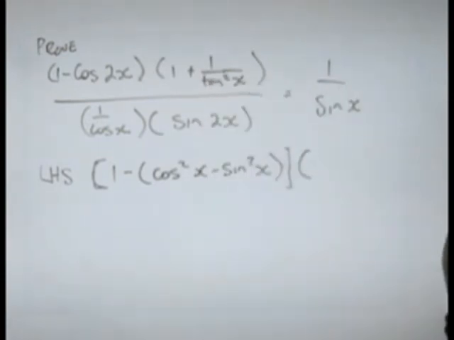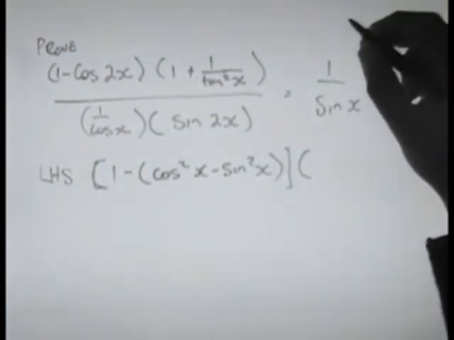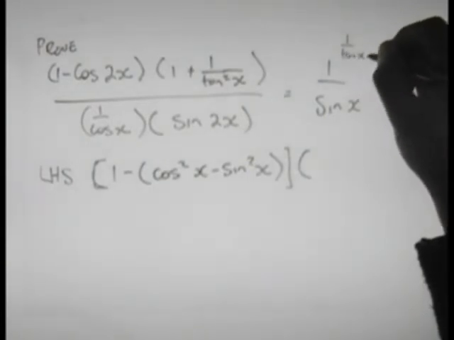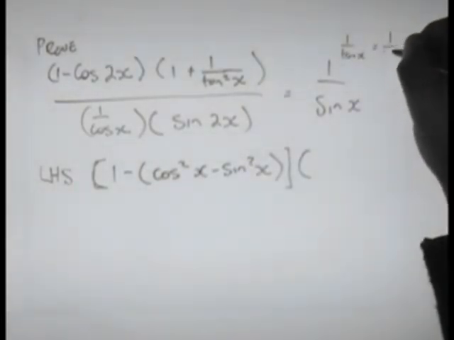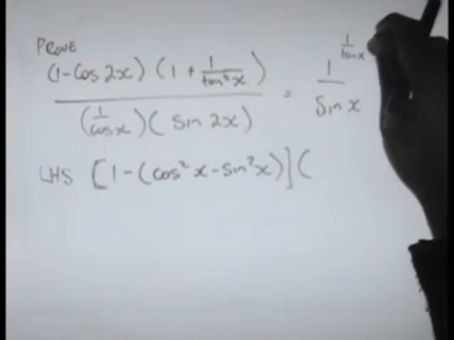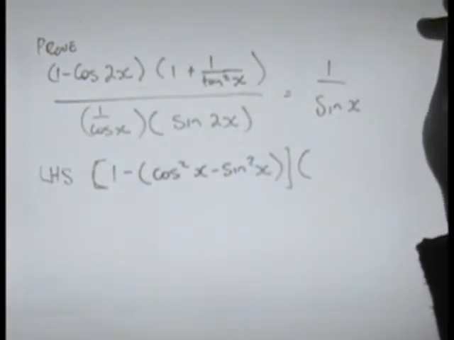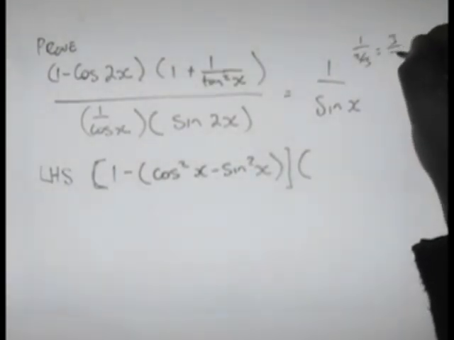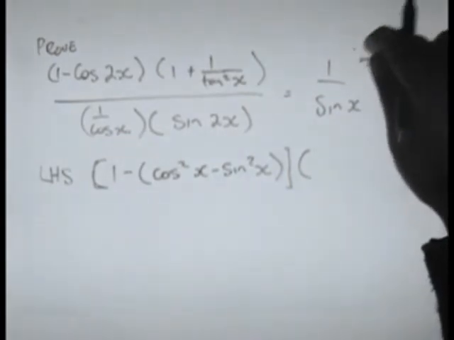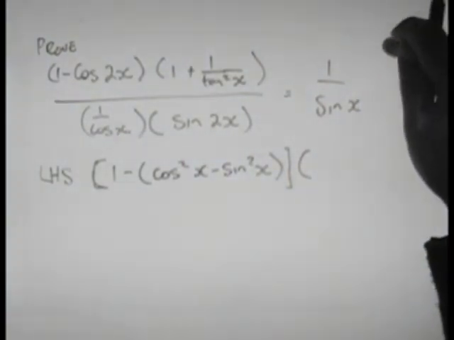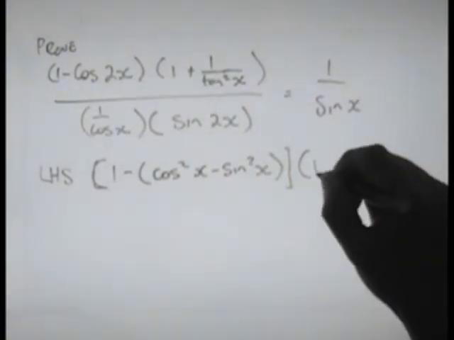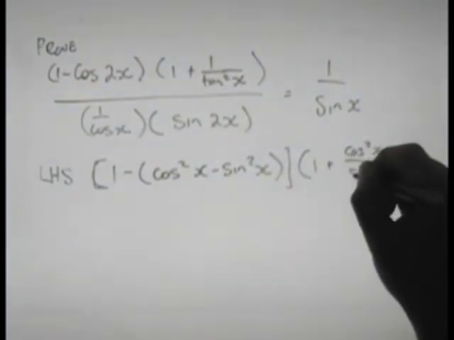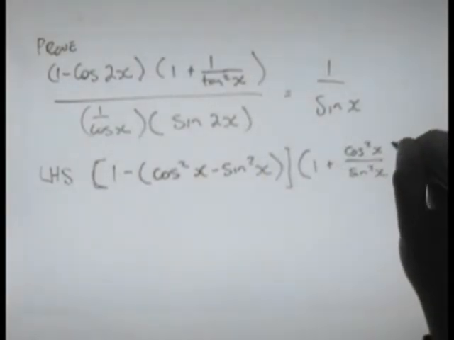1 plus 1 over tan squared x. Now think about this. 1 over tan x is the same as 1 over sine x over cos x, which is equal to cos x over sine x, right? The same reason 1 over 2 over 3 is equal to 3 over 2. So 1 over tan squared x will be the same as cos squared x over sine squared x.